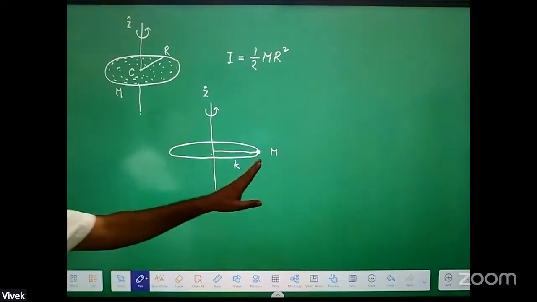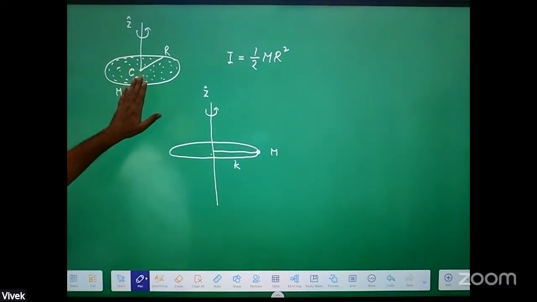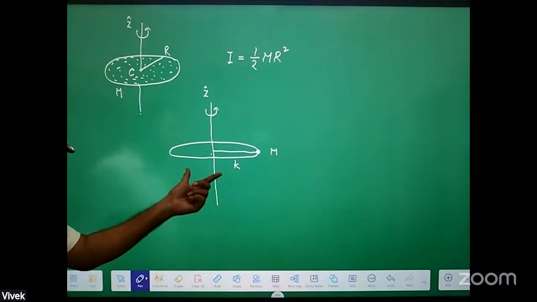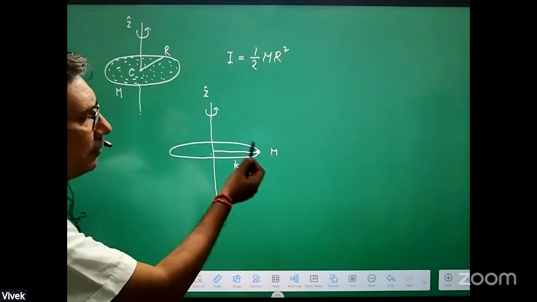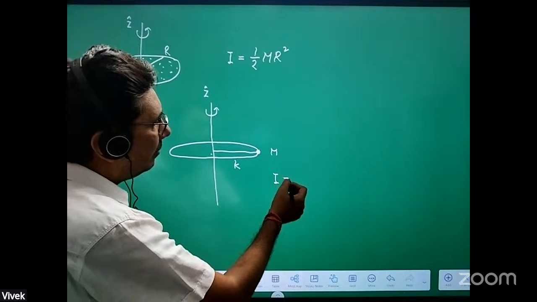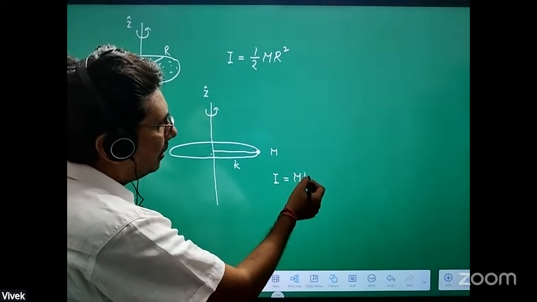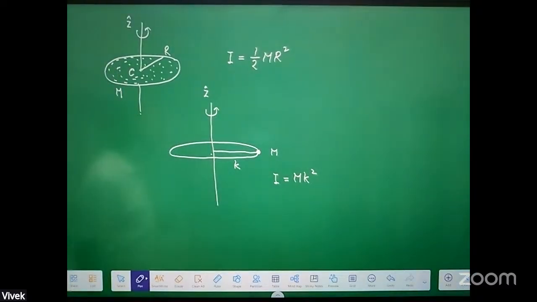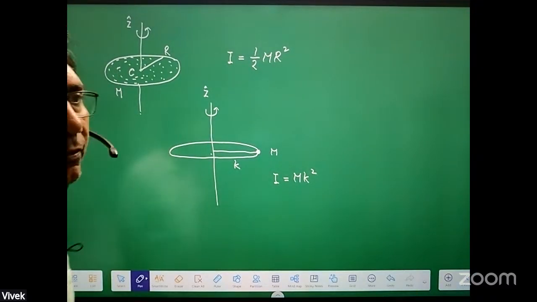This axis and this axis are same, and I am saying they are equivalent systems. They will be equivalent rotating systems if their moments of inertia are equal. What will be its moment of inertia? That will be mk square.